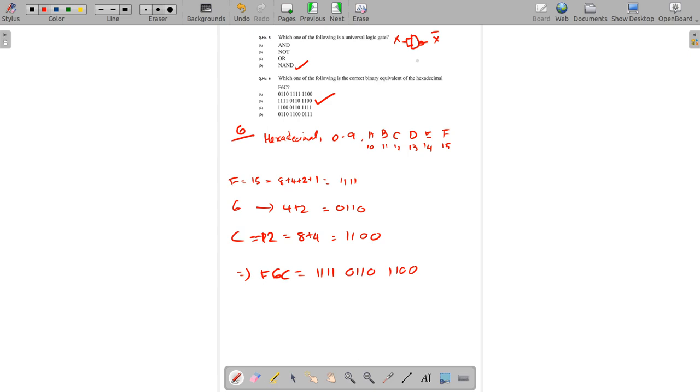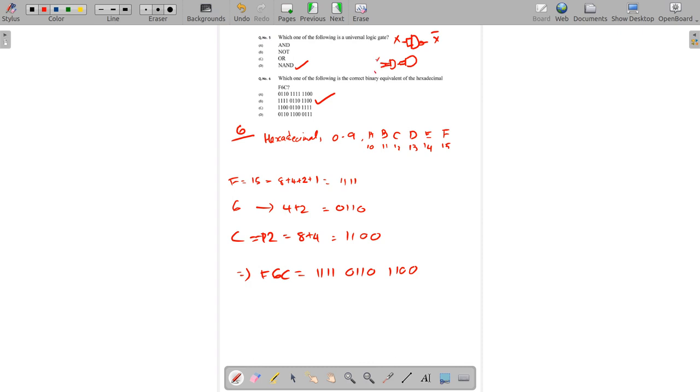And how can you produce an AND gate? You just put two NAND gates.